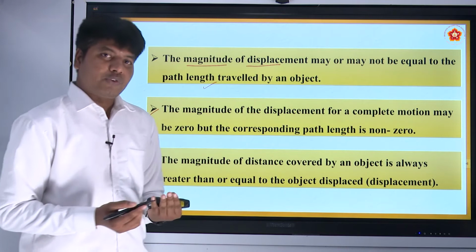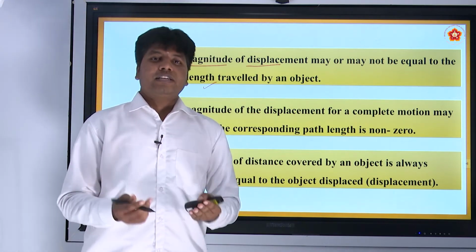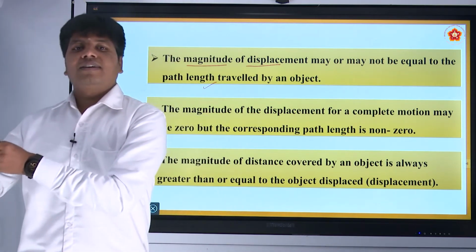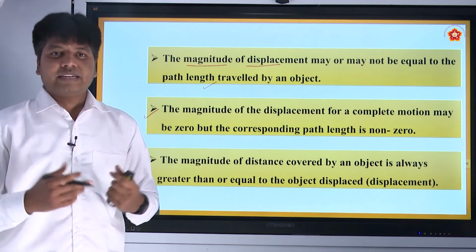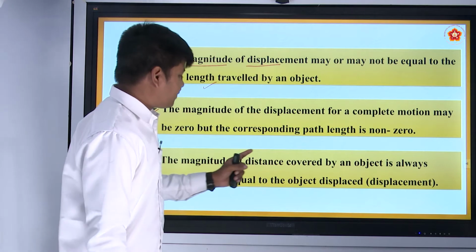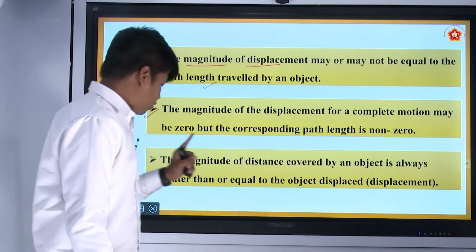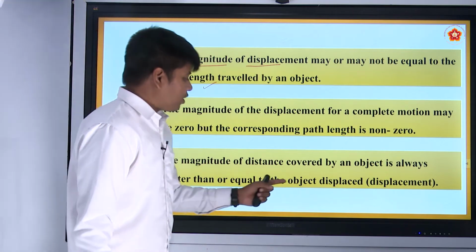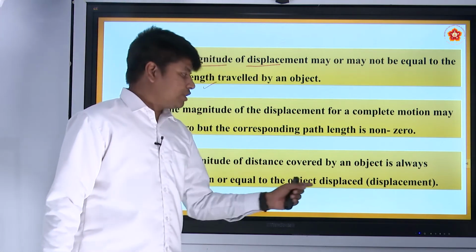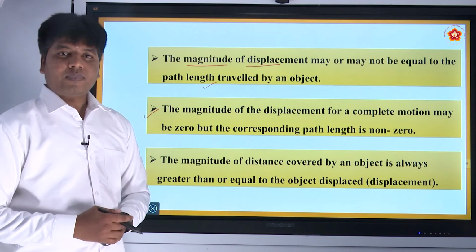By definition, displacement is the shortest distance between the 2 points, the initial position and the final position. So that itself says the magnitude of the distance covered by an object is always greater than or, in some cases, equal to the displacement.